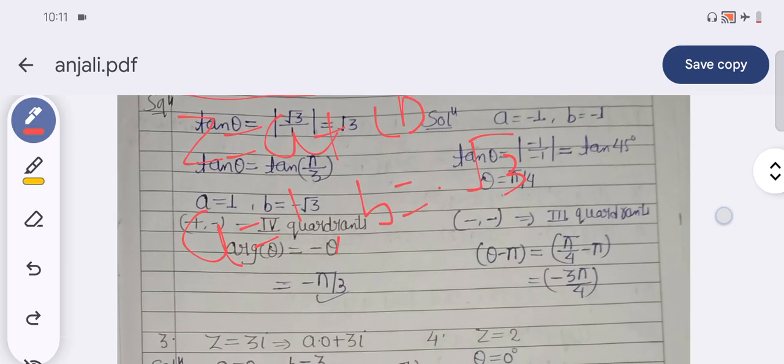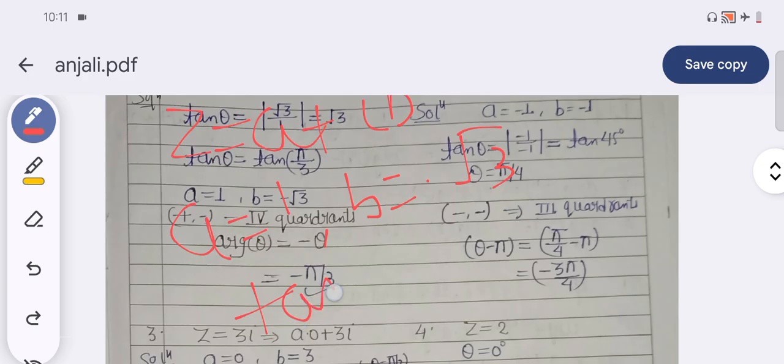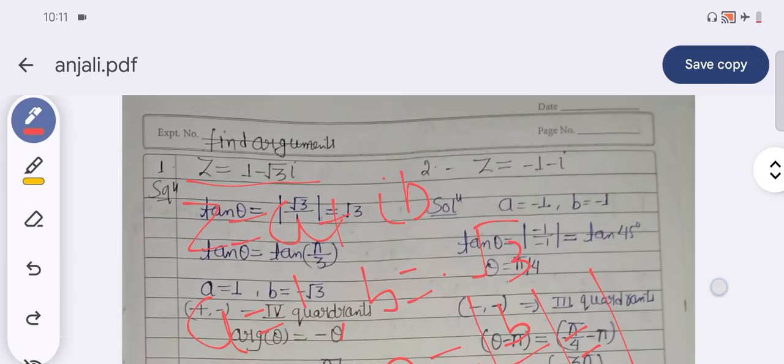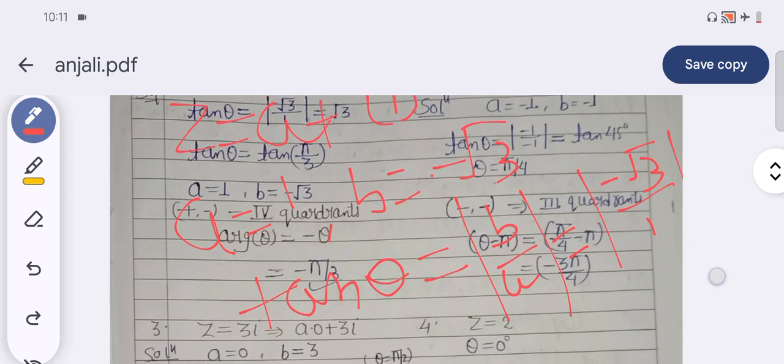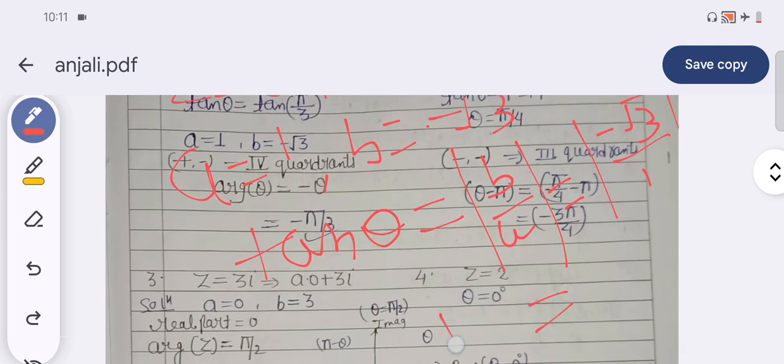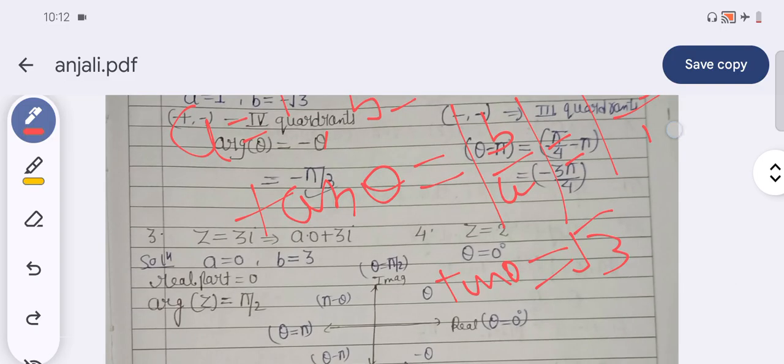When we find the value of tan theta, tan theta is equal to mod of b upon a, which is minus root 3 upon 1. When we remove the mod, tan theta is equal to root 3. It is clear.